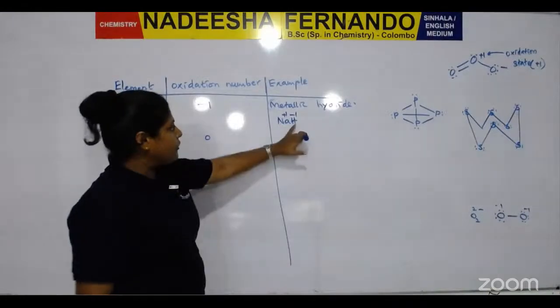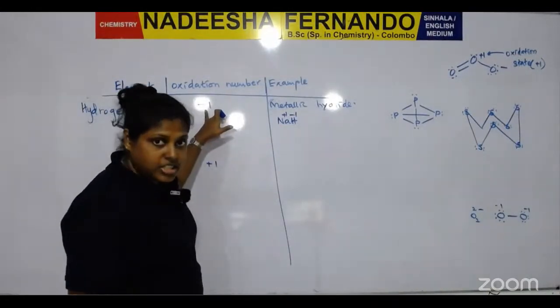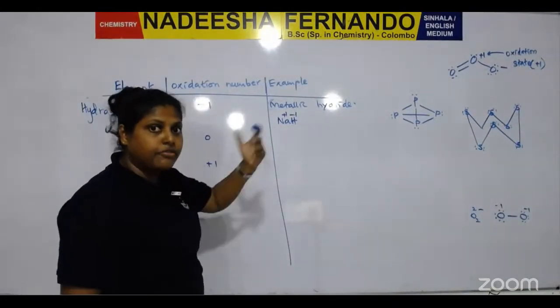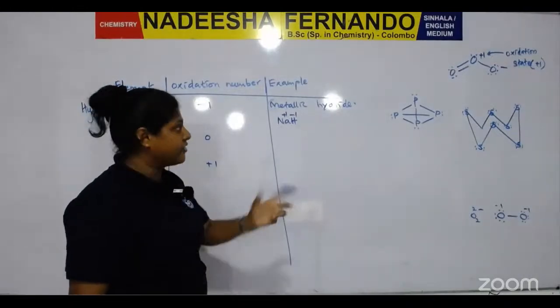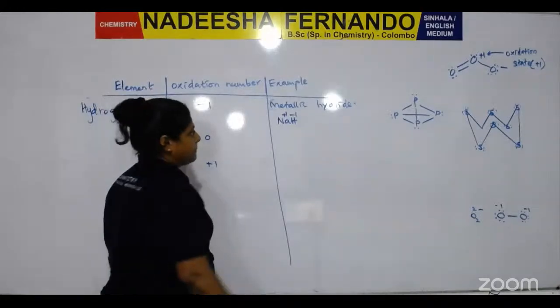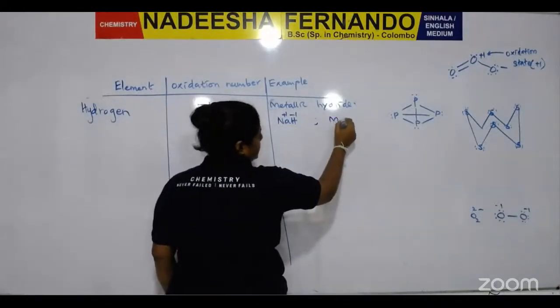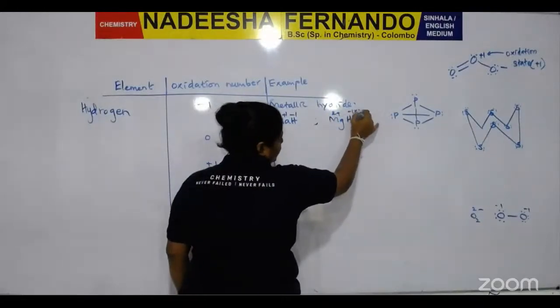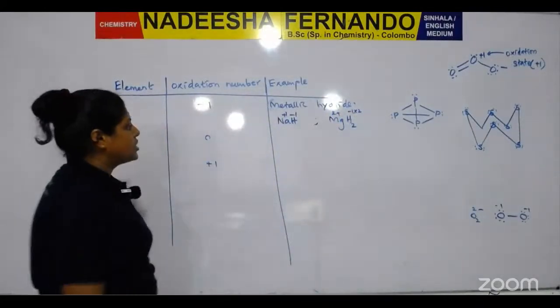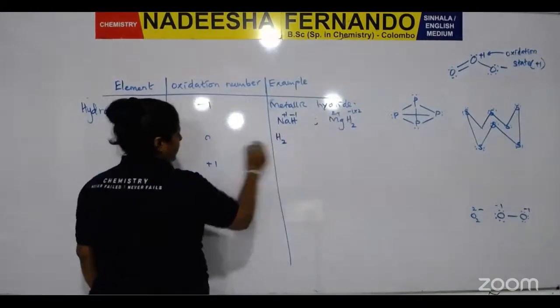So hydrogen takes -1 oxidation state when it forms metallic hydride, right? Hydride with metals. The second example, magnesium hydride. Here +2, -1. Zero oxidation state on H2, right?